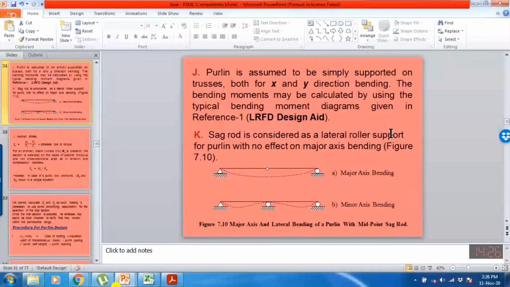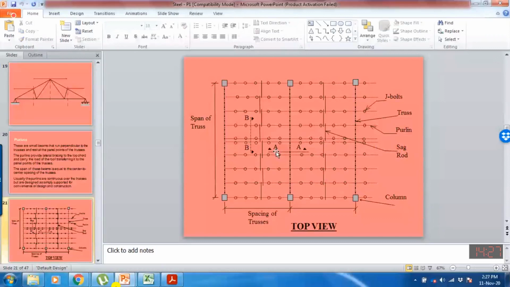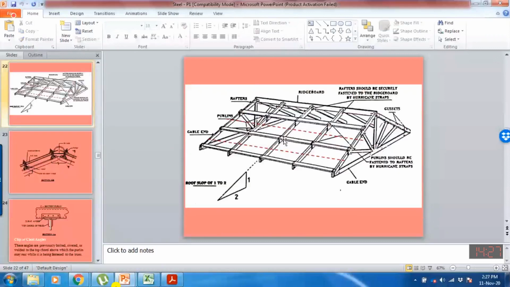Okay, here, let's assume, forget about this one and this member. Assume that we are having only one sag rod. If a sag rod is used, it does not control the bending about the x-axis, so there we have to consider the total length.